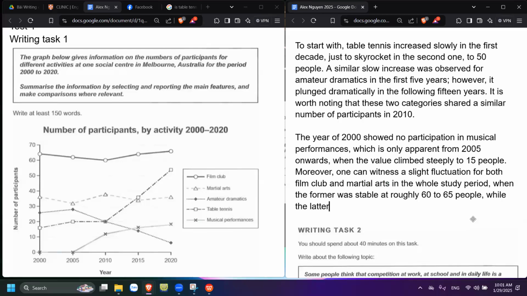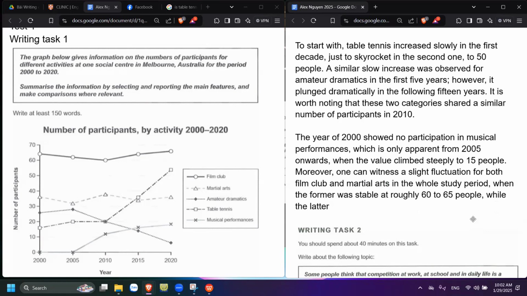While the latter, you cannot say "take up" because phrasal verbs are informal.